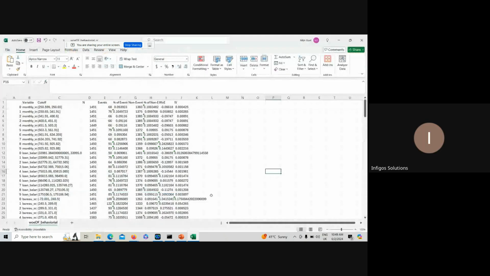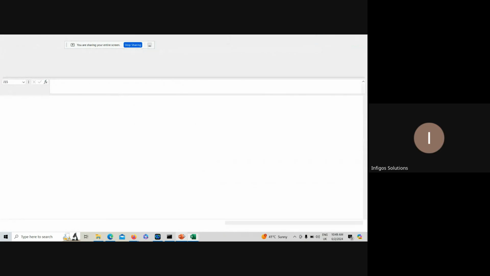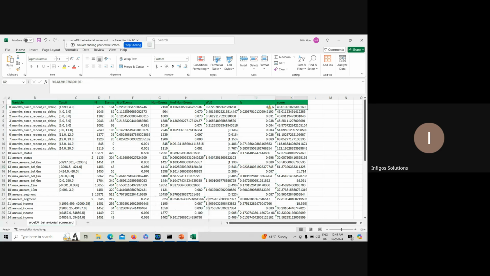So this is an example of score. Each attribute is mapped to one score using that particular formula which you just saw. If somebody has a delinquency between 1.99 and 4, he'll get this score. If between 4 and 5, he'll get this score.